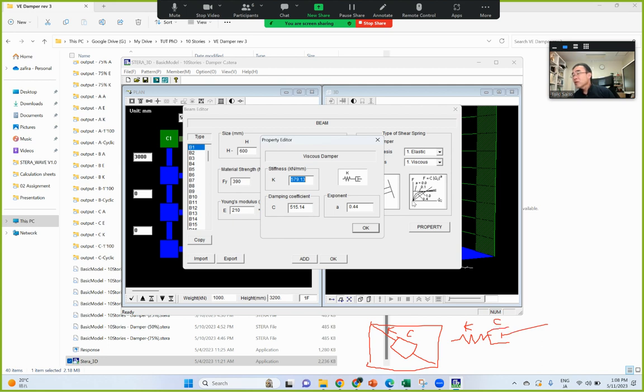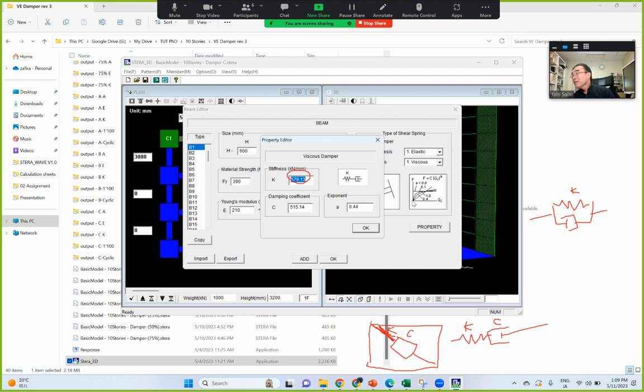So this model represents some kind of connection stiffness of the damper. If you increase this value, it doesn't affect so much. It's almost rigid. But if you make it in parallel like this, and if you make this stiffness very large, the damper doesn't move at all.